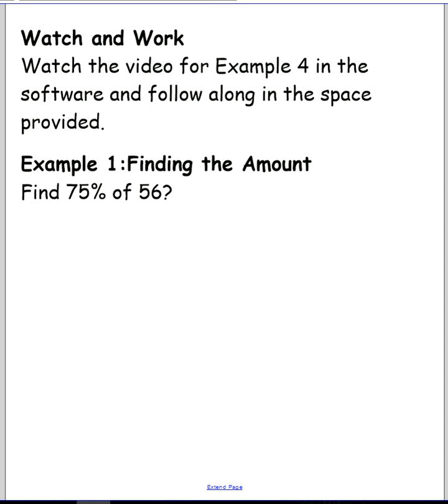So let's look at an example. Remember, now we're using R times B equals A as our structure. Find 75% of 56.